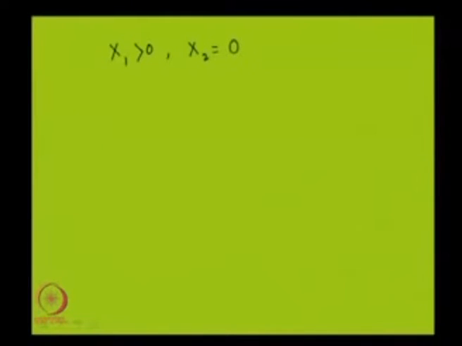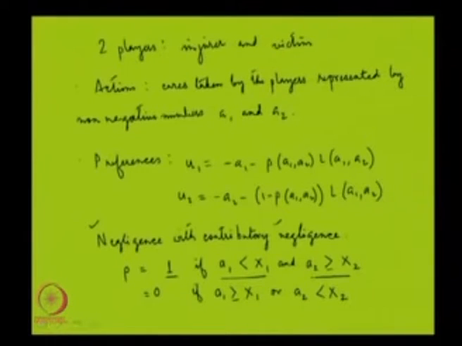For example, suppose x1 is greater than 0 and x2 is equal to 0. Now, in this case, if x2 is equal to 0, then this condition is never satisfied, this is always satisfied, because if you remember A1 and A2 are positive or 0, they can be either positive or 0.